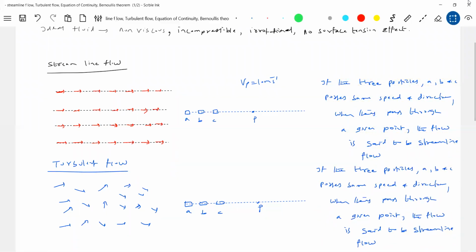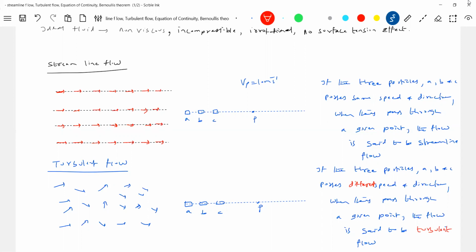If the three particles possess different speed and direction when they pass through a given point, the flow is said to be turbulent flow. Okay, so that's one basic definition we discussed.